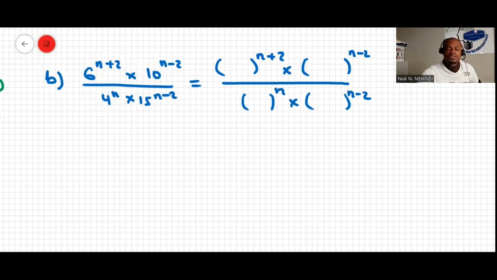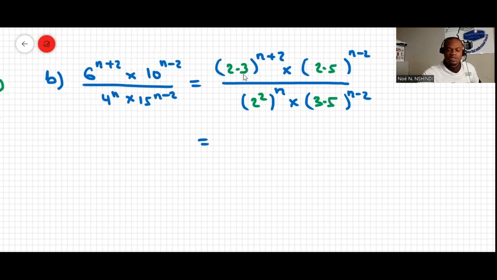Now let's split 6 in terms of its prime factor. It's 2 times 3. 10 is 2 times 5. And then 4 is 2 squared. And then 15 is 3 times 5. Now we're going to apply this law of exponents. You know, the power here will be applied to all the numbers within the bracket, for everything within the bracket.